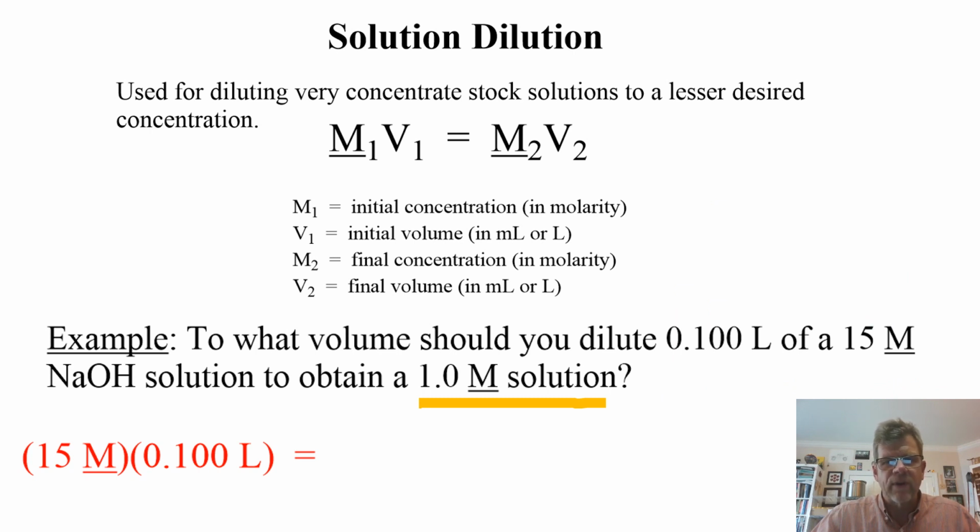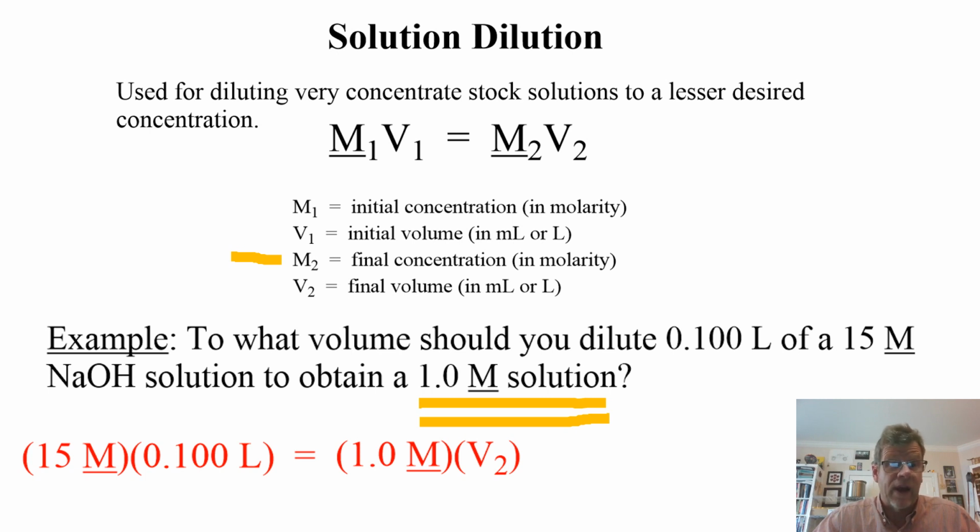We have to look at what we are solving for. We want to obtain a 1 molar solution, so that would be M2, the final molarity. So really, we'll plug that in, but we're looking for that final volume. So this becomes elementary at this point. It's essentially 15 times 0.1 divided by 1. And we solve for V2, and we end up with 1.5 liters.